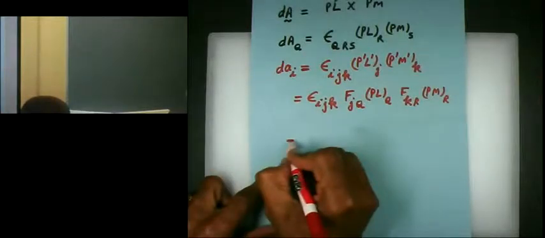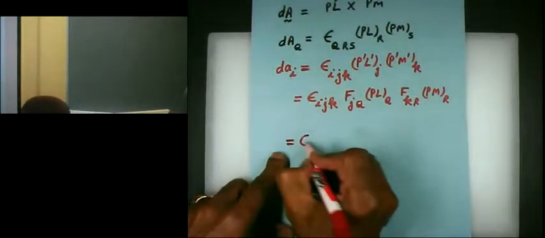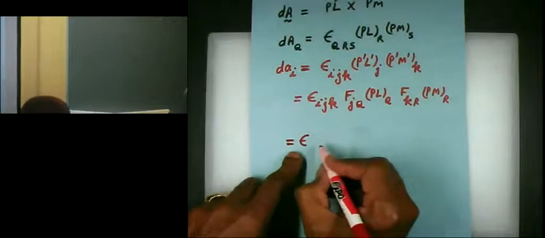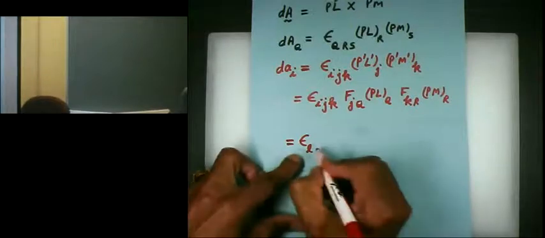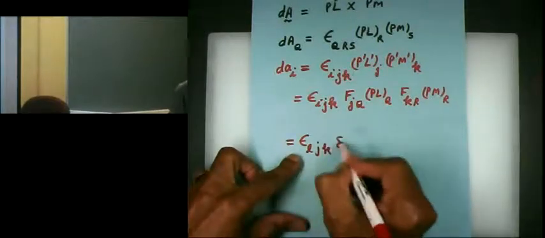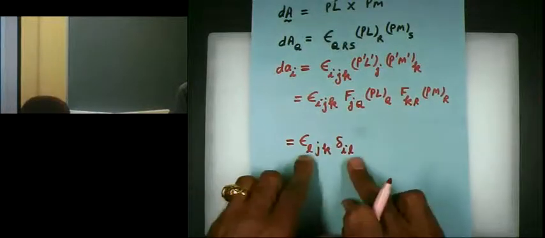Okay, so let's write this as now epsilon. I'm going to change I to something else, L, JK, and write it as delta IL. This L and L summed means that still I have I. All I'm doing is multiplying by unit matrix.